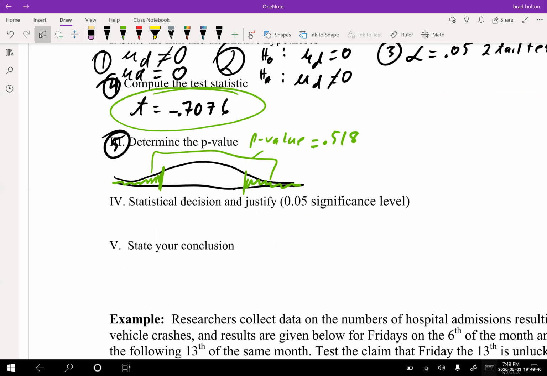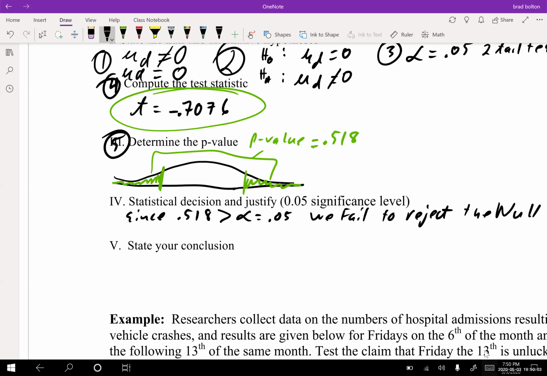And we say, since 0.518 is greater than alpha equals 0.05, we fail to reject the null.